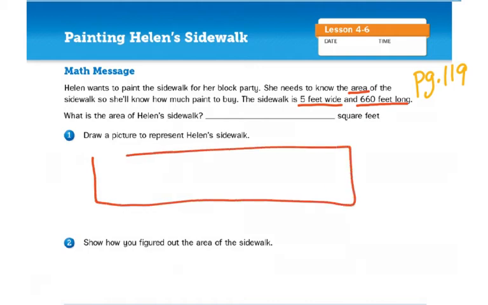Well, we know partitioning a rectangle, if we put 5 feet on the side for the width and take 660, the value of the first 6 is 600, and the value of the second 6 is 60.